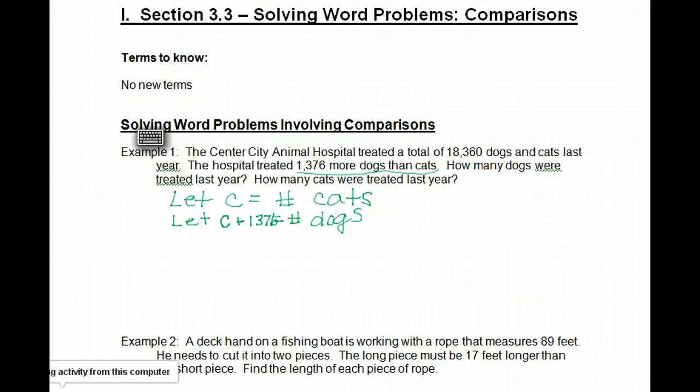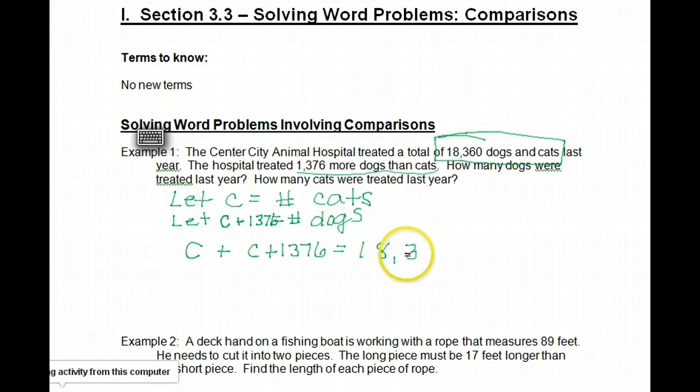And then they told us in the very beginning of the problem what the total number of dogs and cats that were treated was. When they give us a total, that means that the number of dogs and the number of cats were added together. So cats added to dogs totaled 18,360.